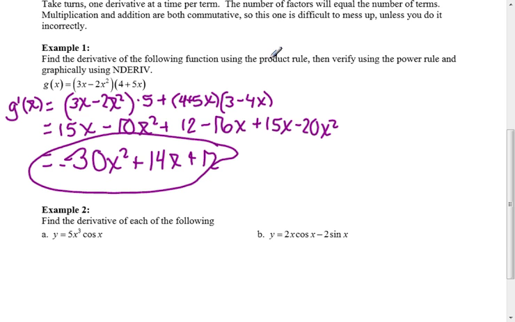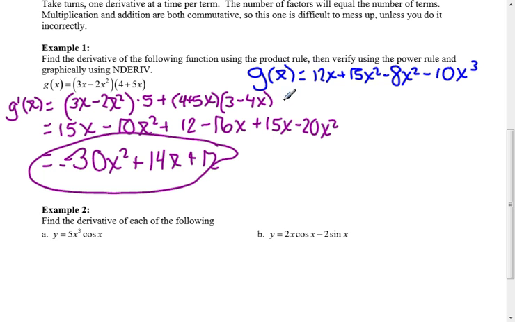Now if we try it the other way, multiply it out first. So g of x, we're just writing it in a different form, equals 12x plus 15x squared minus 8x squared and minus 10x cubed.